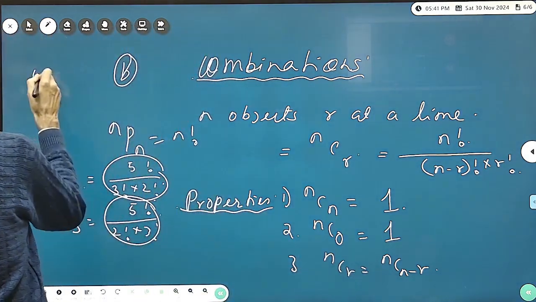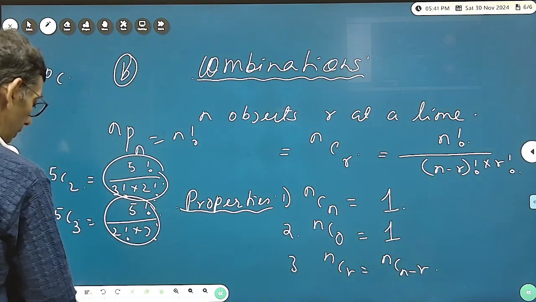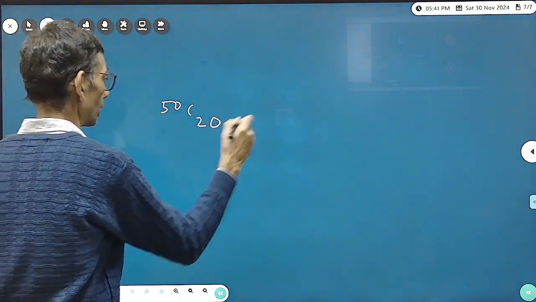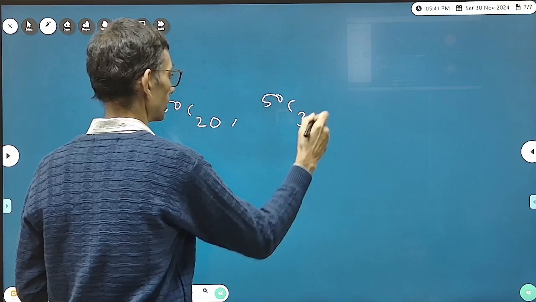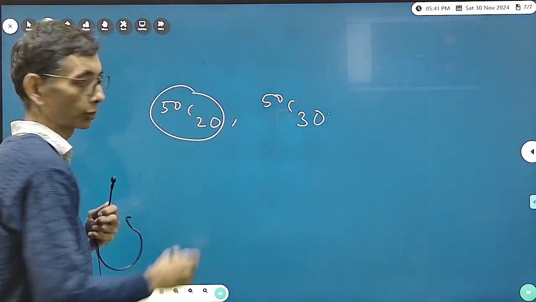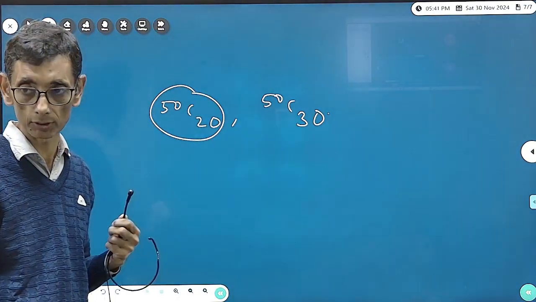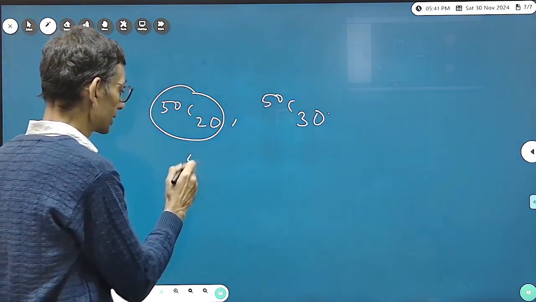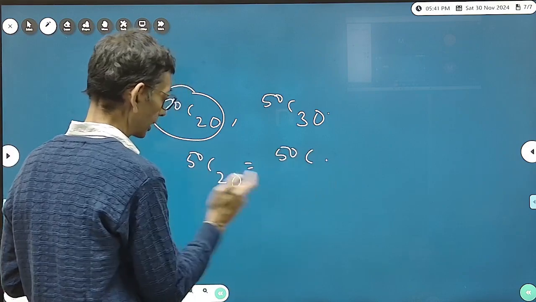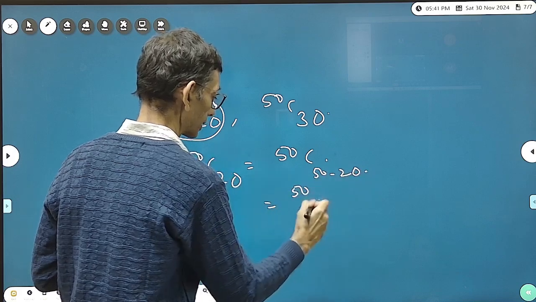Then take a bigger number, 50C20 or 50C30. If you calculate 50C20 and 50C30, they will necessarily be the same values. Why? Because 50C20 is equal to 50C(50 minus 20), which is equal to 50C30.